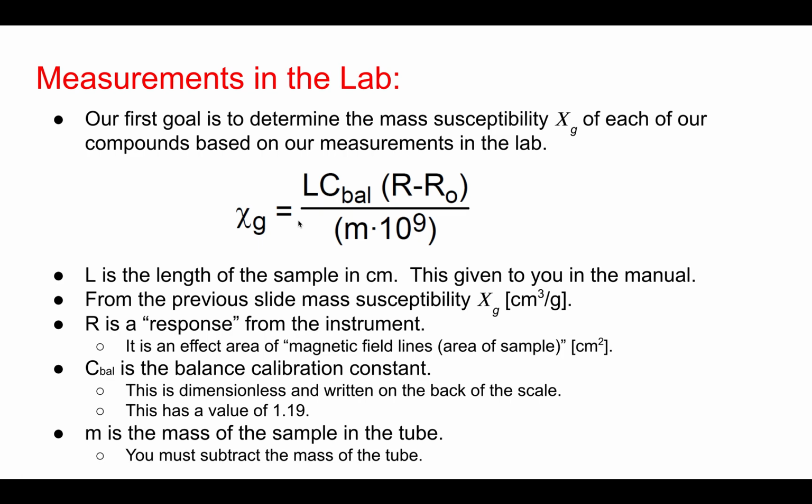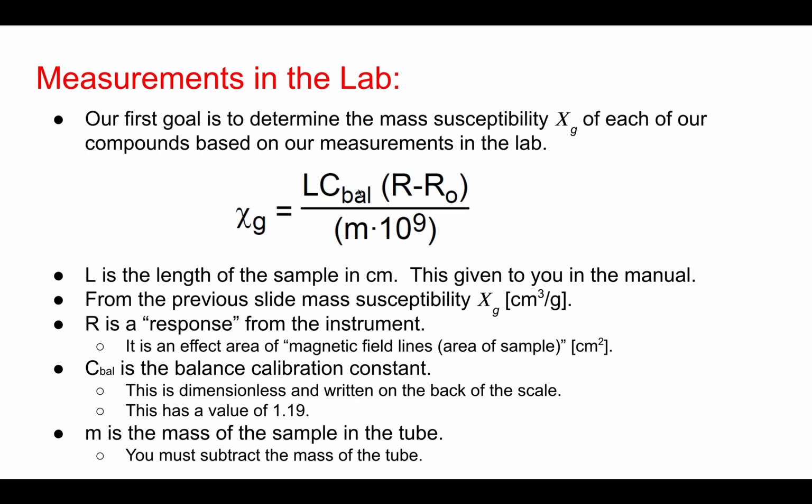And we're going to calculate it based on this equation here. Now, this isn't like a fundamental equation of nature. This is just some parameterization based on the experiment. Okay, I'm going to just tell you what these are, and then I'm going to go to the experiment. So we have the length of the sample, the calibration constant of the balance.